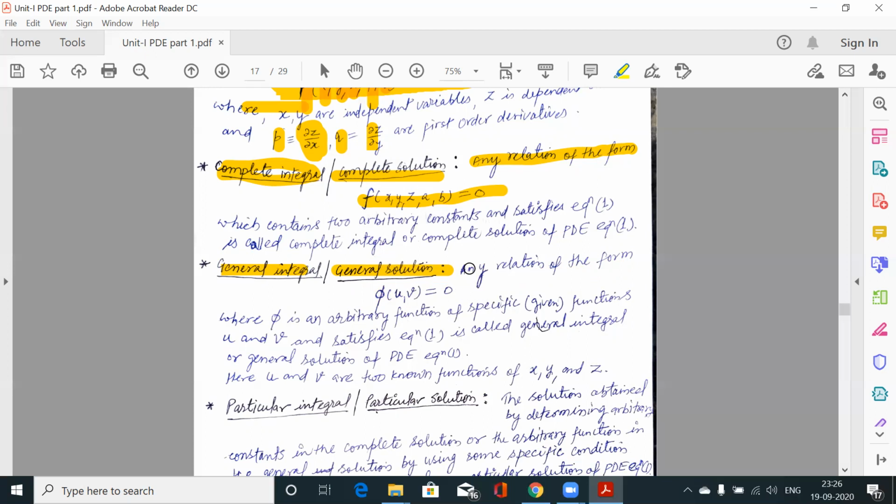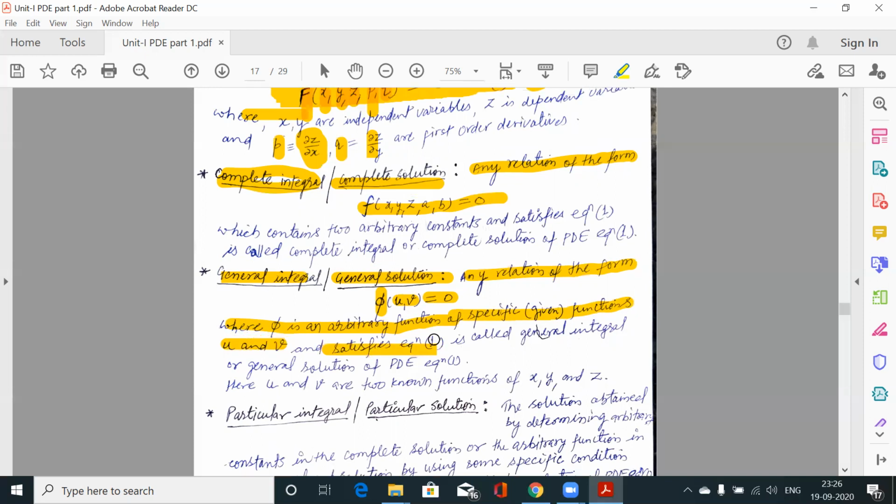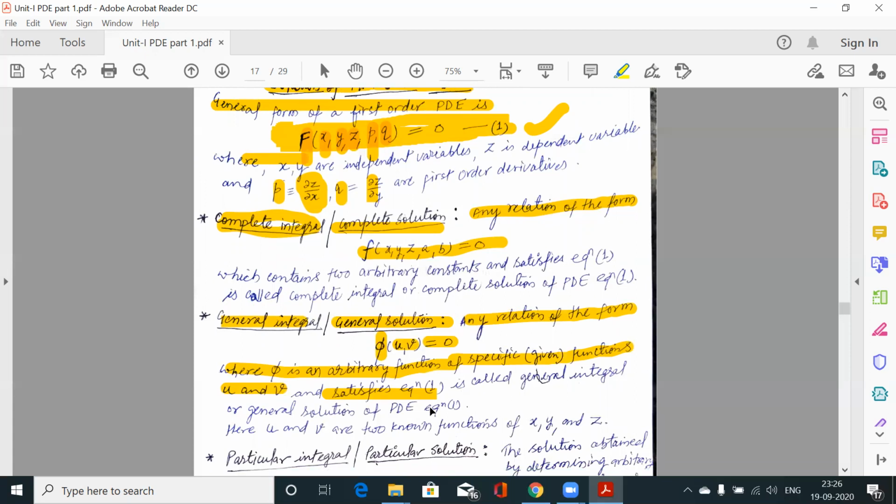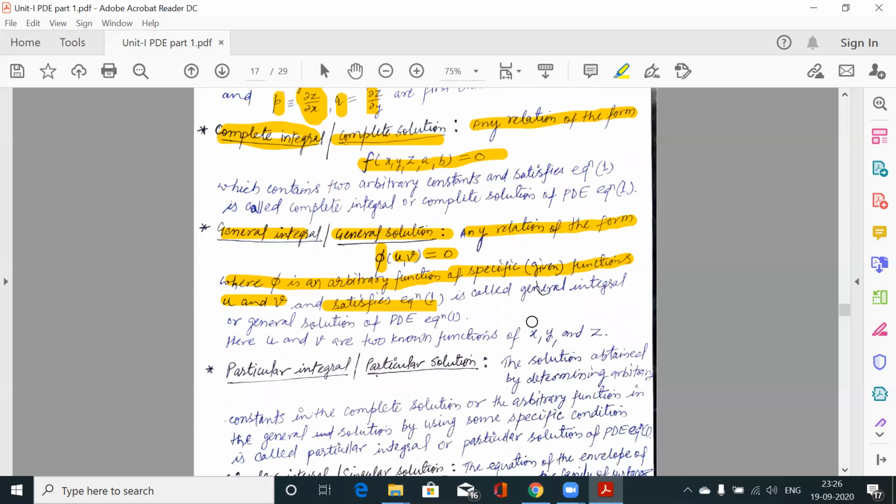So what is the exact definition? Any relation of the form phi of (u, v) equal to 0, where phi is an arbitrary function of the given functions u and v, with u and v known functions of x, y, z, which satisfies the given equation 1, the first order PDE, is known as the general integral or general solution of PDE equation 1.